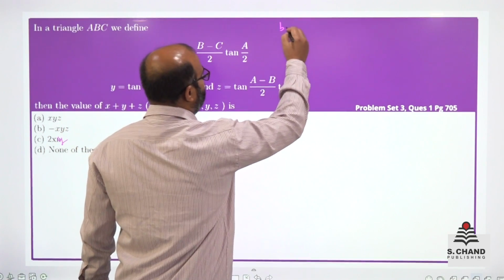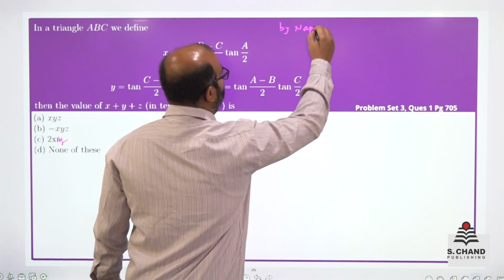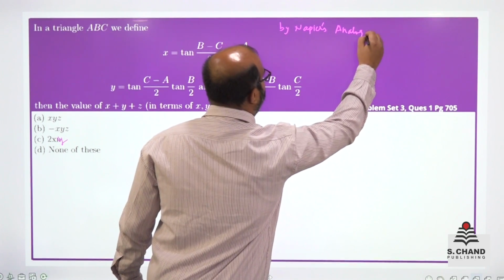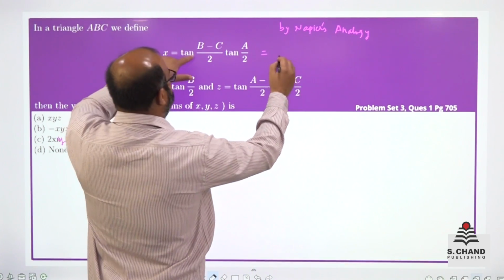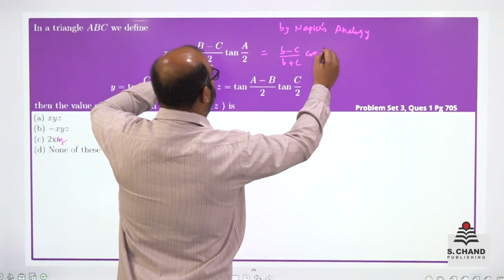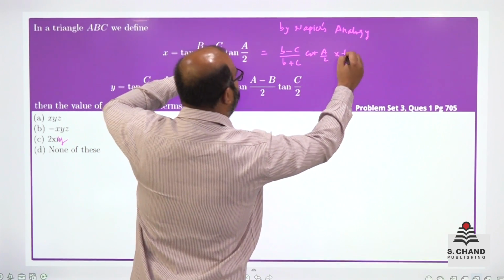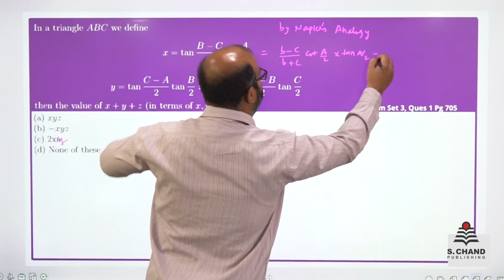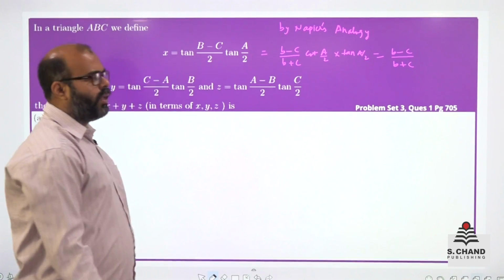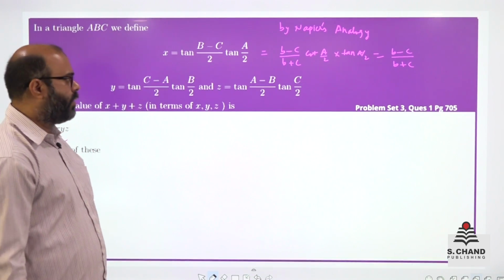So by Napier's analogy, if you remember, we discussed, you can write this as b minus c by b plus c into cot a by 2, into tan a by 2 is multiplied to it. So finally it will become b minus c by b plus c, as cot a by 2 into tan a by 2 is equal to 1.